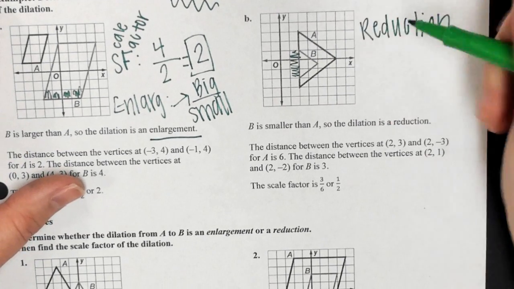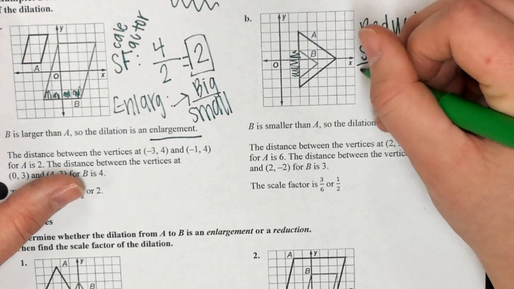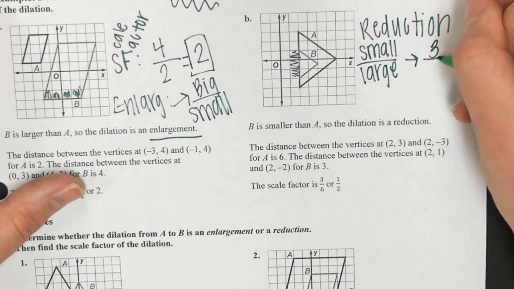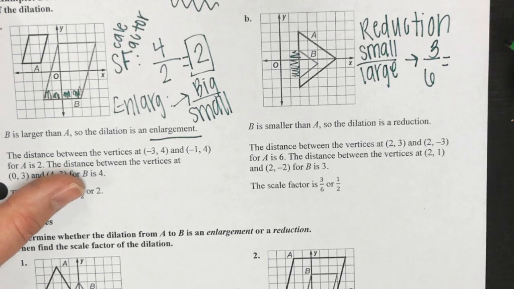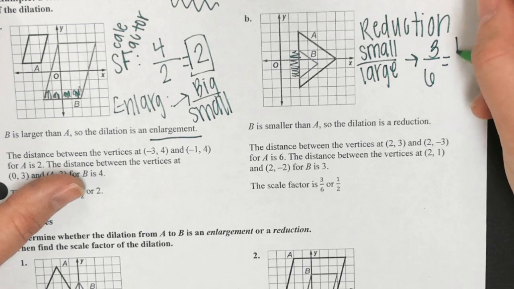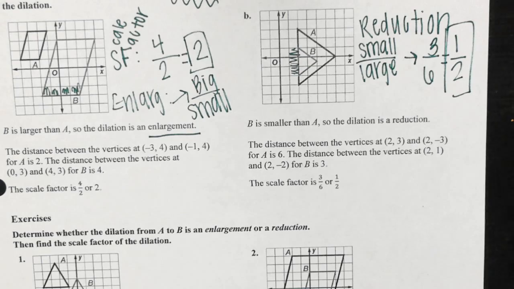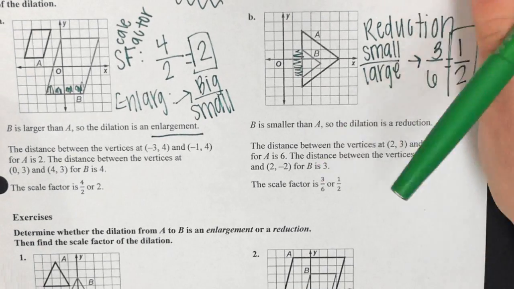So it is a reduction, so you need to put the smallest shape over the largest shape. You get 3 over 6. 3 over 6. What does that reduce to? As a fraction, what does that reduce to? 1/2. Oh, dang, I'm so smart. Simplify it, okay? Very good. Can we turn it into a decimal? No, leave it as a fraction.